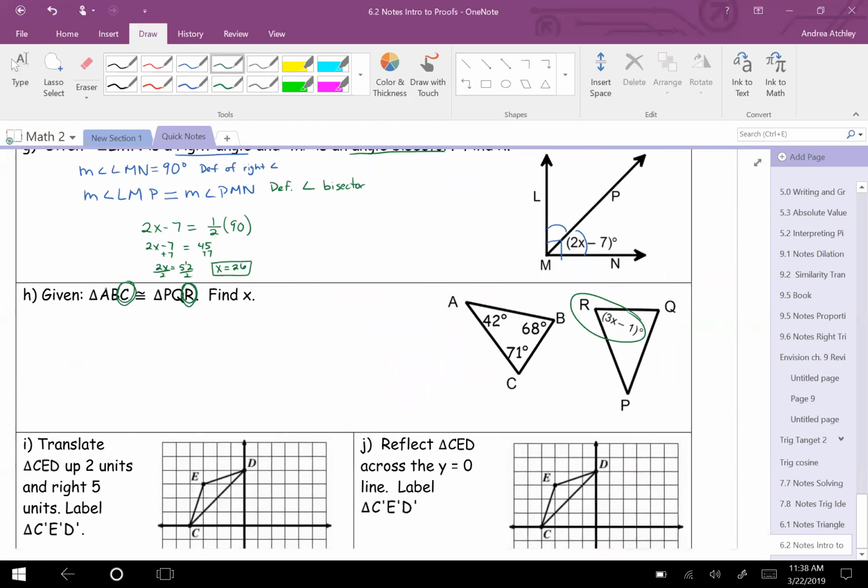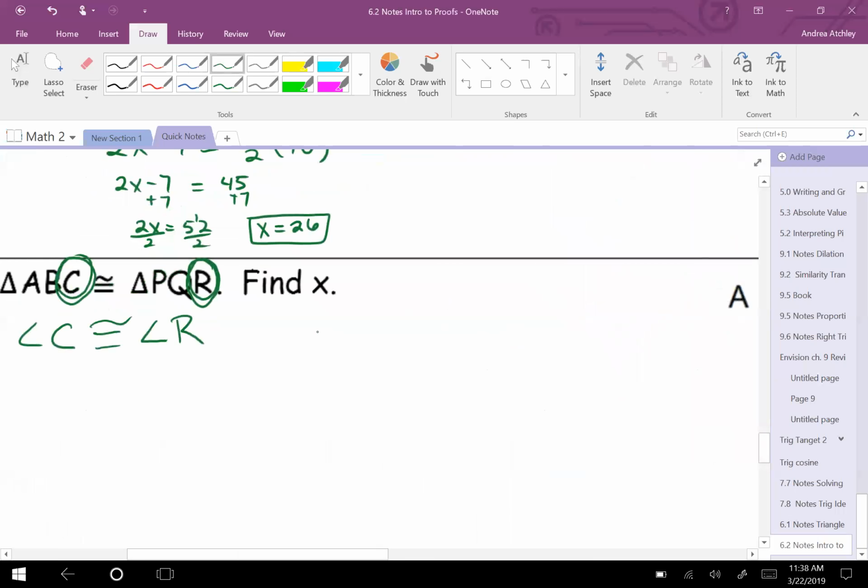Okay. So angle C is congruent to angle R. Does anyone remember why? Last year you probably learned this. When you were dealing with congruent triangles, you should have learned this other part of it, which was that corresponding parts in congruent triangles are congruent. CPCTC, did that sound familiar at all? Okay, so that's how it should go.